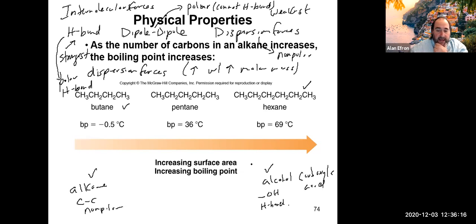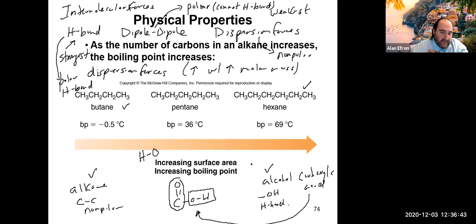And a carboxylic acid, if you remember, I'll just draw it in the middle here, has this functional group. And the reason why it will have the highest out of all of them is it's got two places where hydrogen bonding could happen. Hydrogen bonding could happen here. And although this cannot hydrogen bond with itself, when another carboxylic acid is around, there could be hydrogen bonding between another one and it.